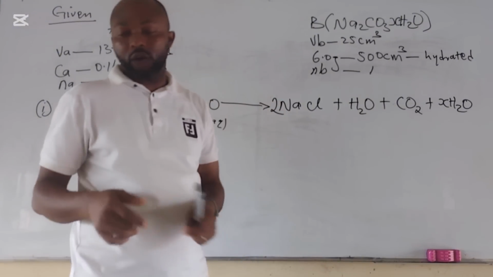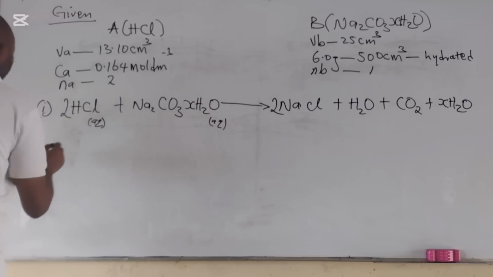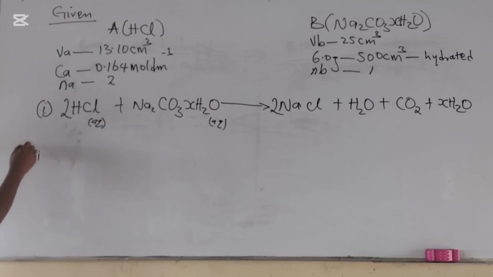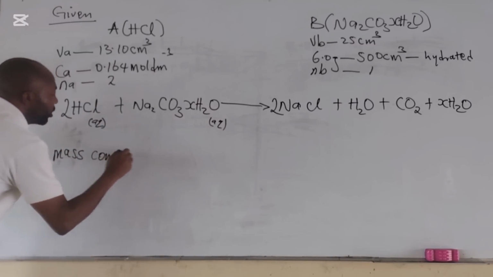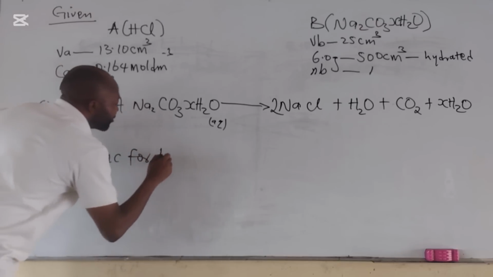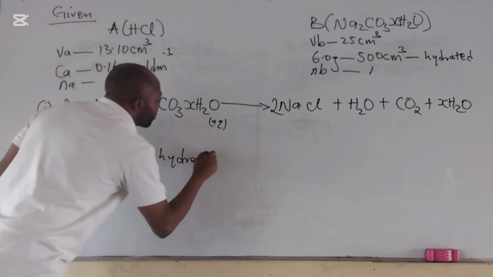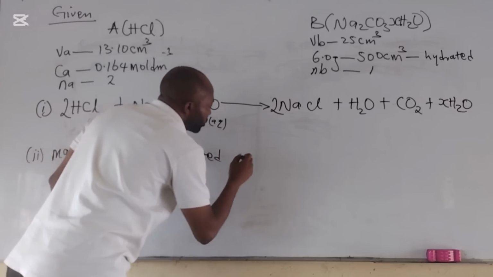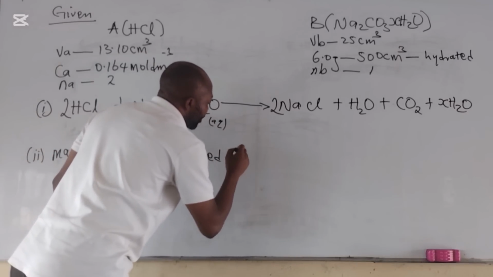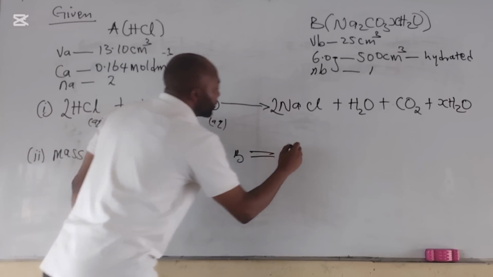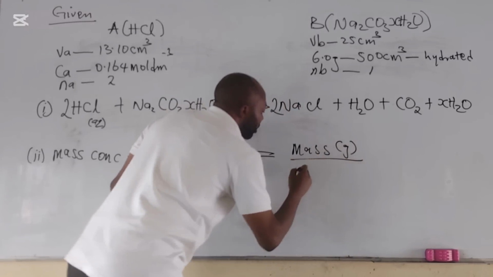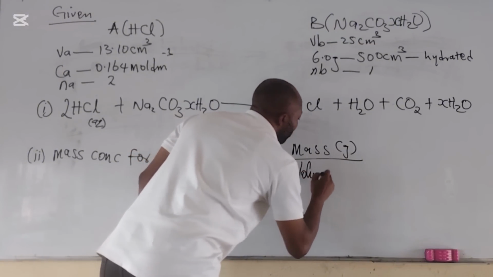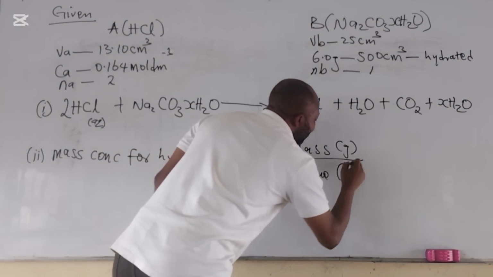So let's take our second question. Mass concentration for hydrated salt or base, hydrated B, is equal to mass in gram over volume in dm3.